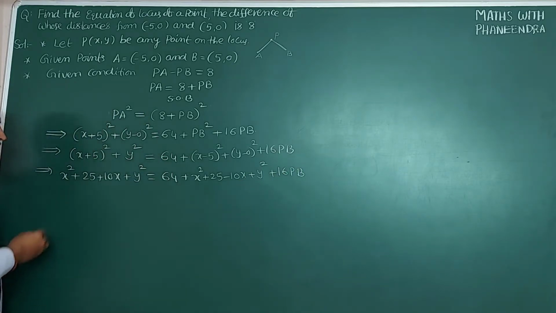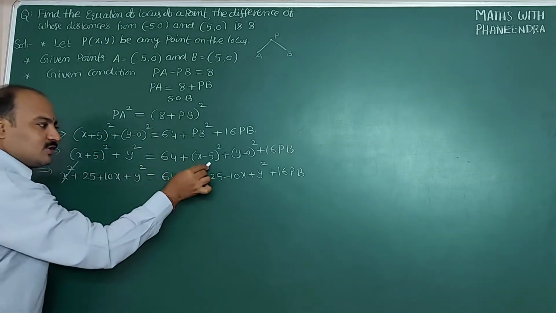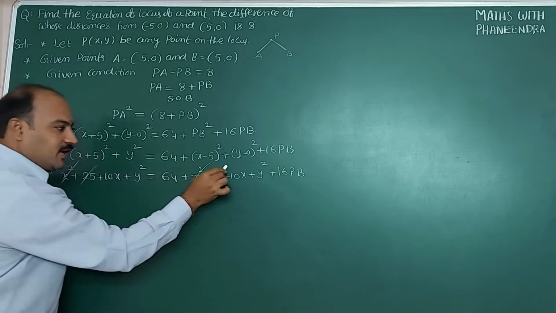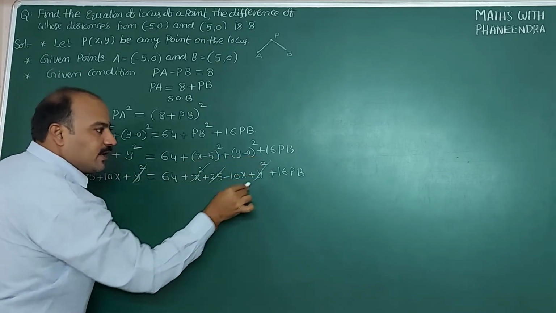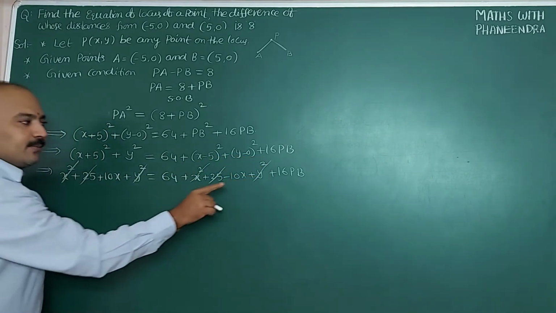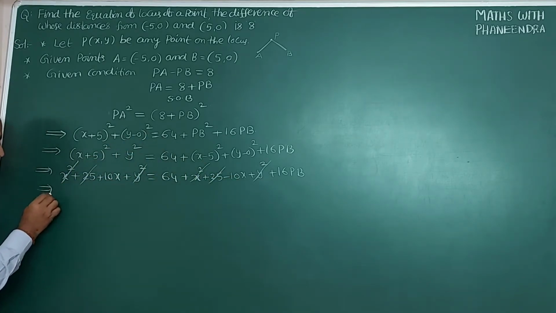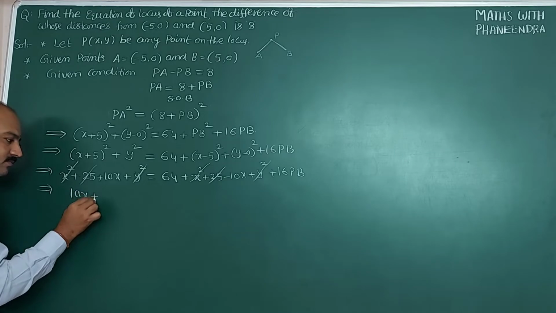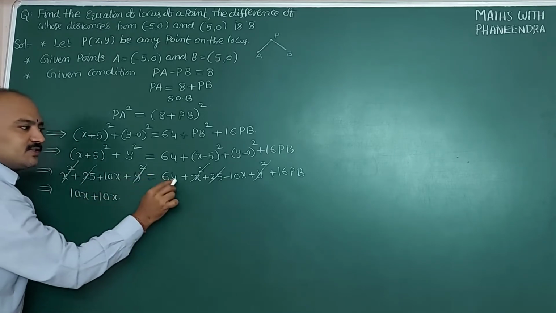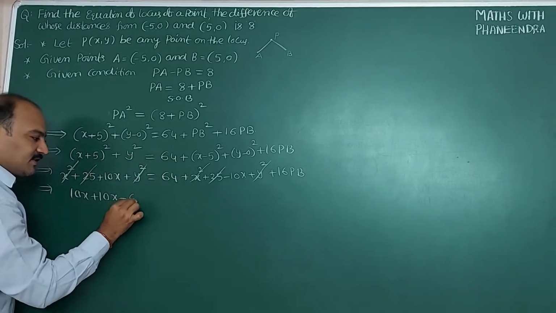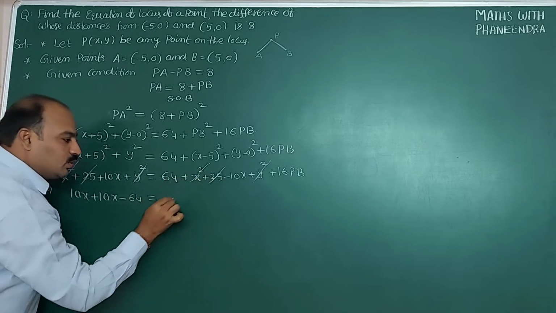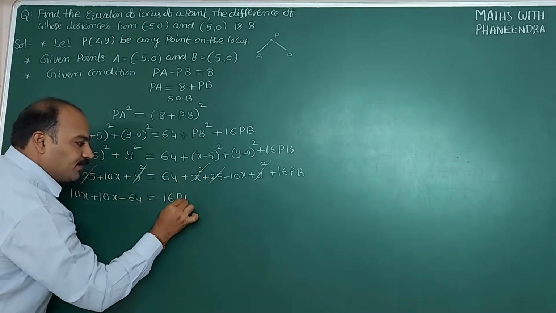On both sides, x square, 25, 25 and y square, you have to cancel them. Minus 10x we can take to this side, here already 10x is there. So 10x plus 10x. 64 also we can take to this side, minus 64, which is equal to 16 PB.